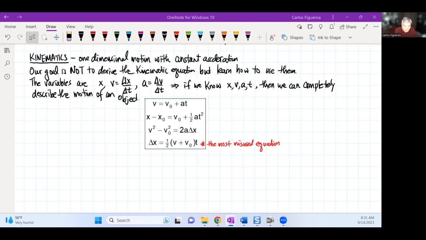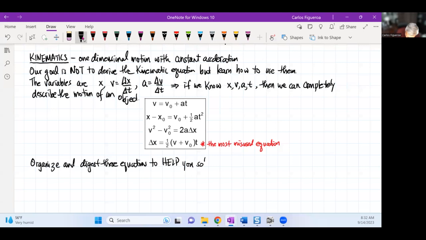So here we go. My goal right now is that I want to organize and, for lack of a better word, sort of digest these equations to help you solve problems.